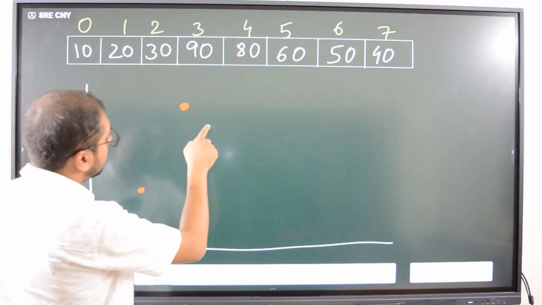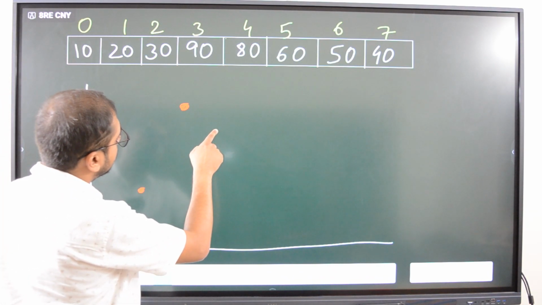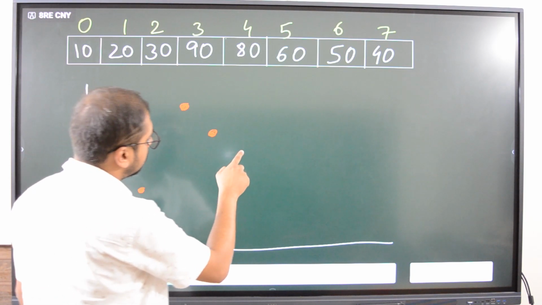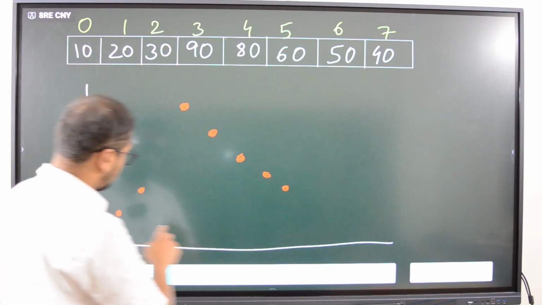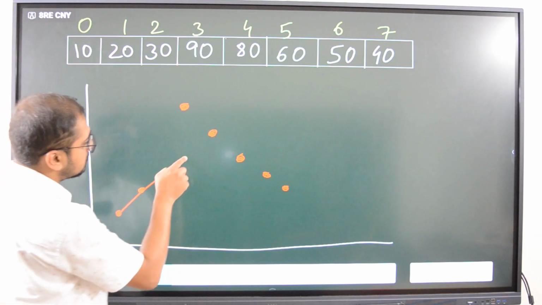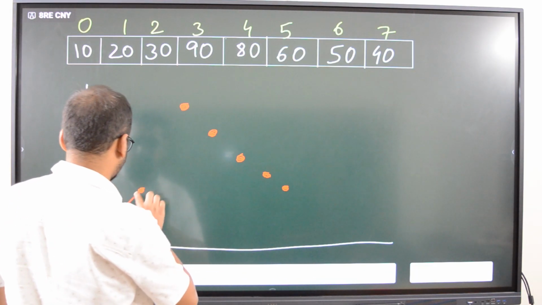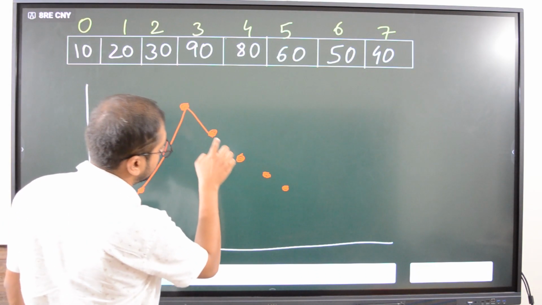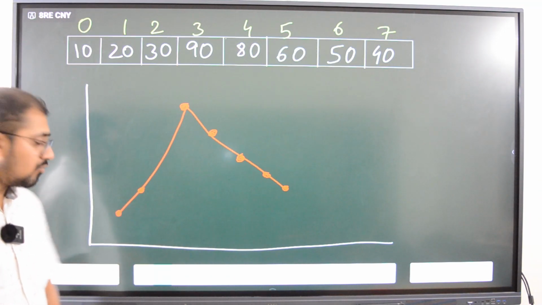After 90, it keeps on coming down. So here I have 80, 60, 50, 40. If I join these points, this will look somewhat like this.